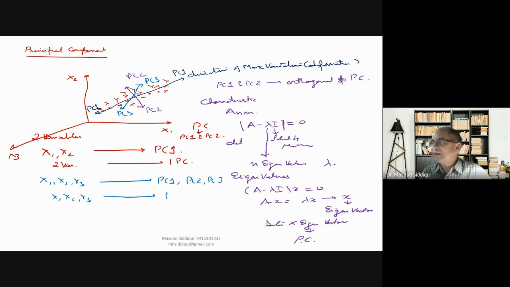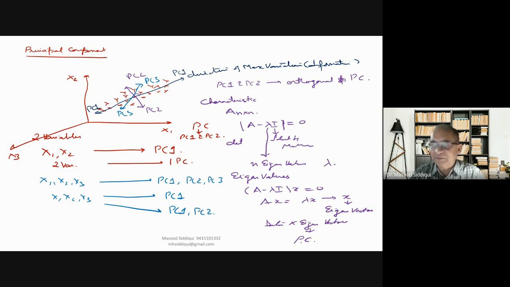If we take only PC1, that covers the maximum of the variation, this is the best reduction. But here we are sacrificing a high amount of information or variation also. So instead of this, if we take two principal components, that is PC1, and the second one, which is covering the maximum of the remaining variation, that is PC2, thereby we are compromising on the reduction, but we are also capturing a higher amount of the variation or information. So this is the concept on which the principal component works.